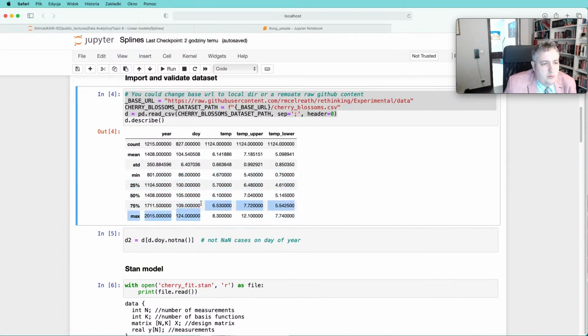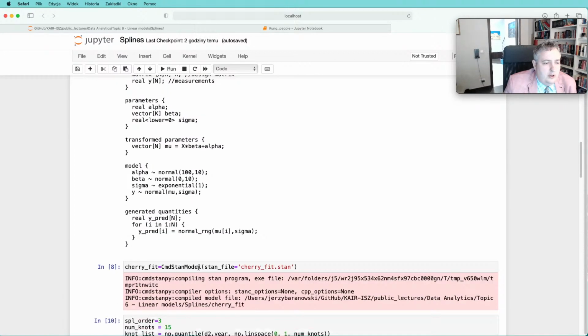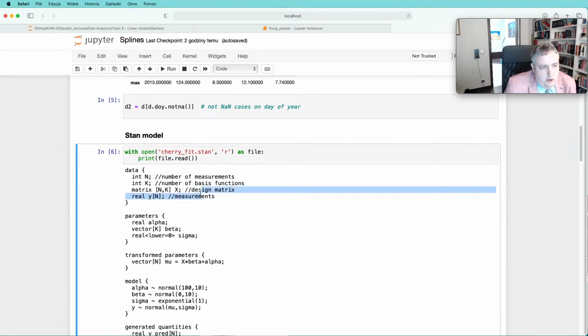If this information was missing from our dataset, we remove those points using the not-a-number method. Our Stan model looks generally very simple, because we provide it with a design matrix, like in linear regression modeling, with the number of measurements.